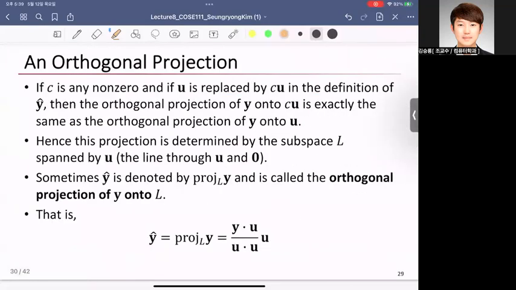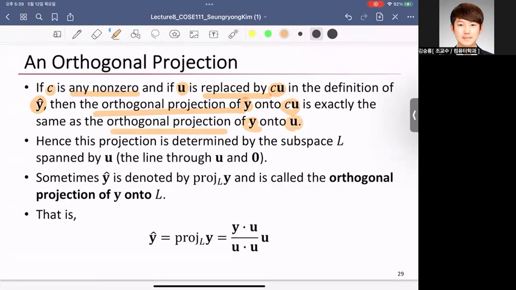조금만 더 설명해 줄게요. If coefficient c is any non-zero and if vector u is replaced by cu in the definition of the y hat, then orthogonal projection of y onto cu is exactly the same as orthogonal projection of y onto u.